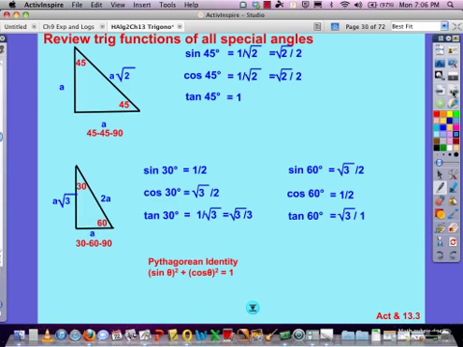But after a while, they just become second nature. They will be ingrained, and that's what we're hoping. The Pythagorean identity will be used more probably in chapter 14, but they do want you to be aware of it in this chapter. It's something we're expecting you to come from geometry with.